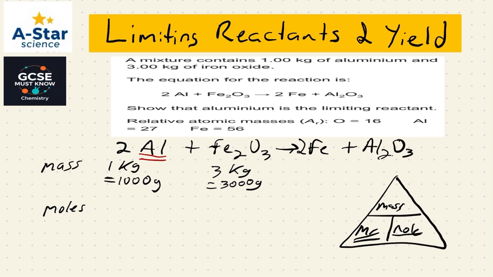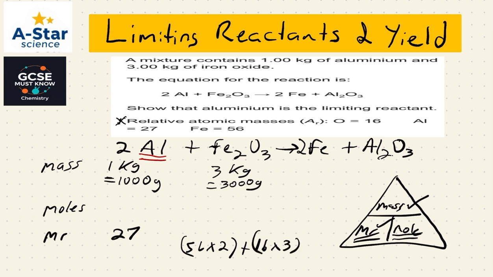So to find moles, we need the mass, which we have, and now we need the Mr or the molecular mass. Well, they give it to you here in the equation. So for aluminum, the Mr is 27. And for iron oxide, we're going to have to calculate that. So there are 2 irons, 56 times 2, plus oxygen is 16 times 3.